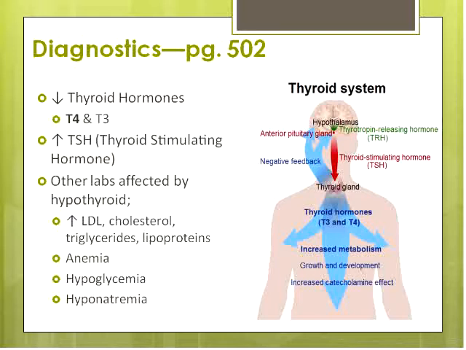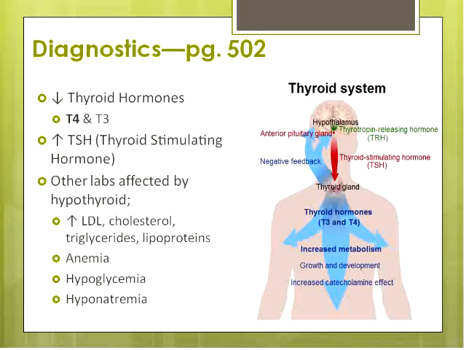And because it's creating too much T3, and it's overstimulating it. And if your pituitary is causing the hypothyroid, then your TSH is low because it's not stimulating it enough.